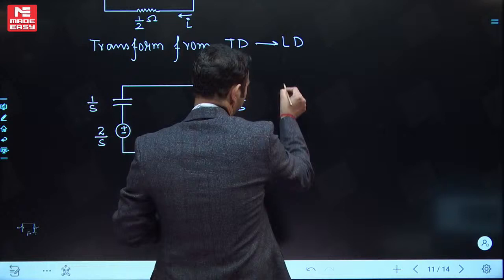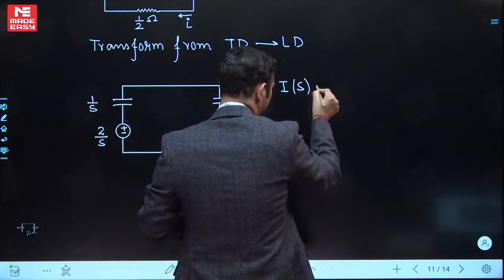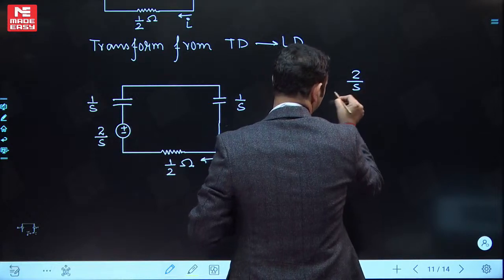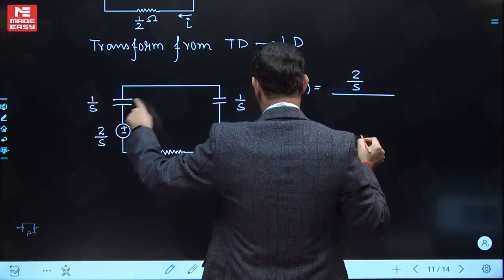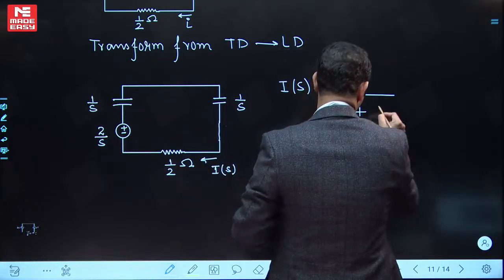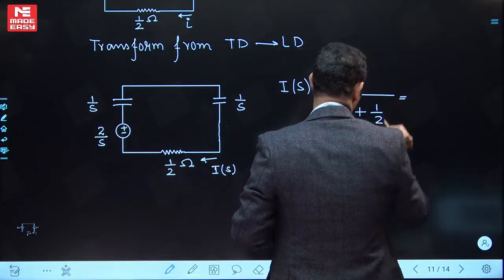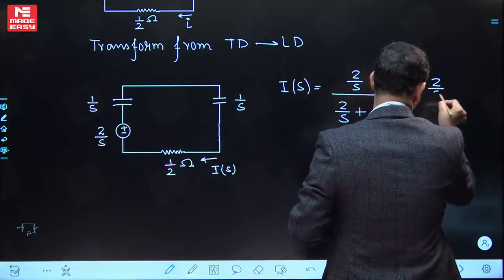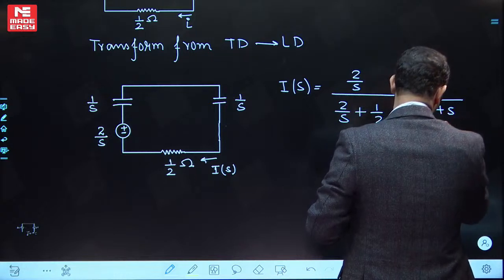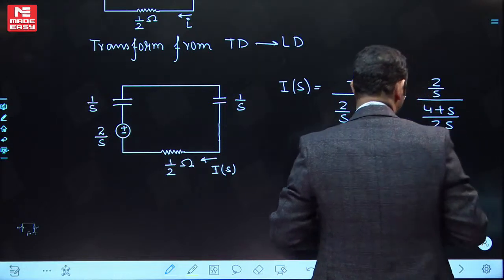I(S) will be equal to voltage 2 by S divided by 1 by S plus 1 by S plus 2. This can be written as 2 by S divided by (4 plus S) divided by 2S.